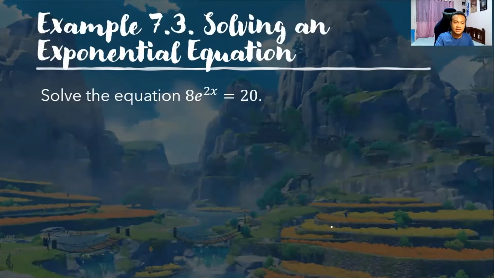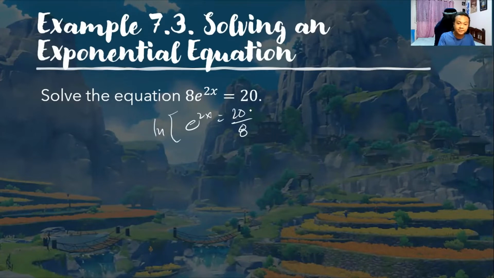Okay, so next equation is the same again. Find the x. What I would do here is divide both sides by 8, so 2e^(2x) becomes 20 over 8. Then get the ln of both sides.